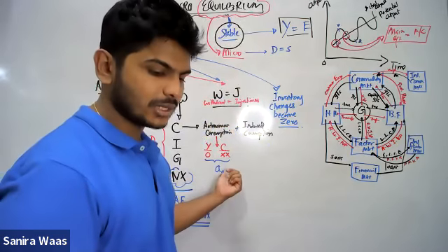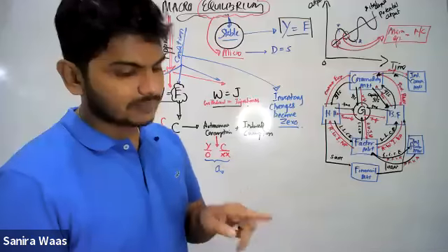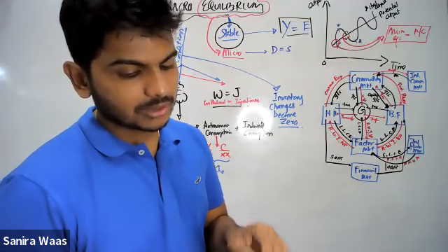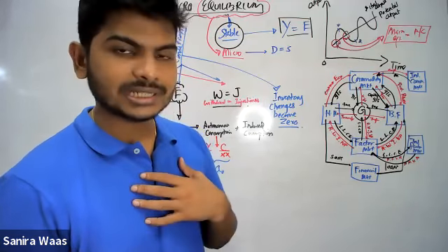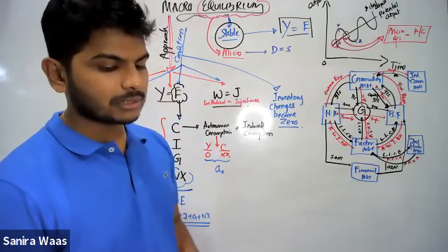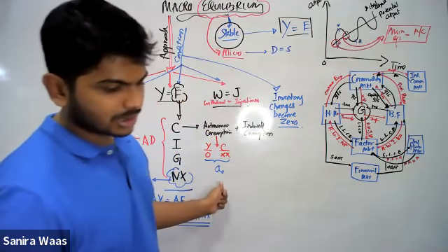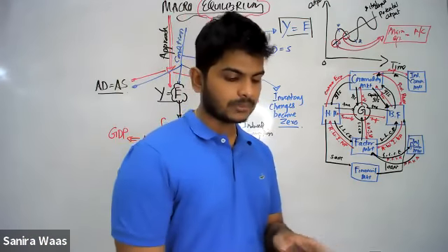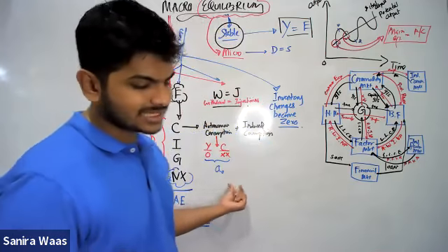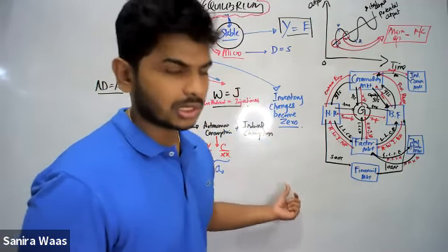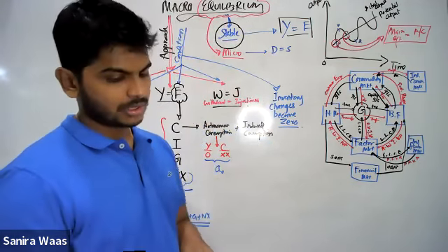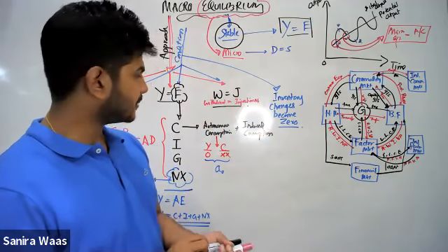I'm assuming it's A0 for the majority, but if there is anyone in the class whose school teacher taught you as C0, let me know in the chat box. A0 and C0 are both the same, but for your syllabus most of us use A0. Okay.